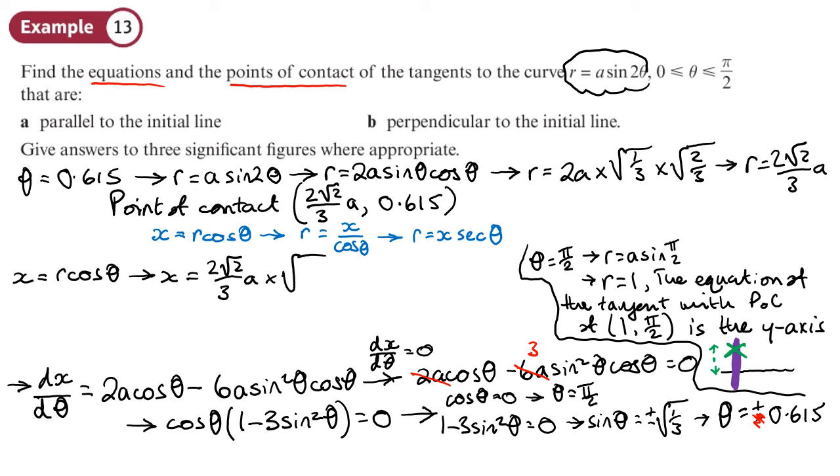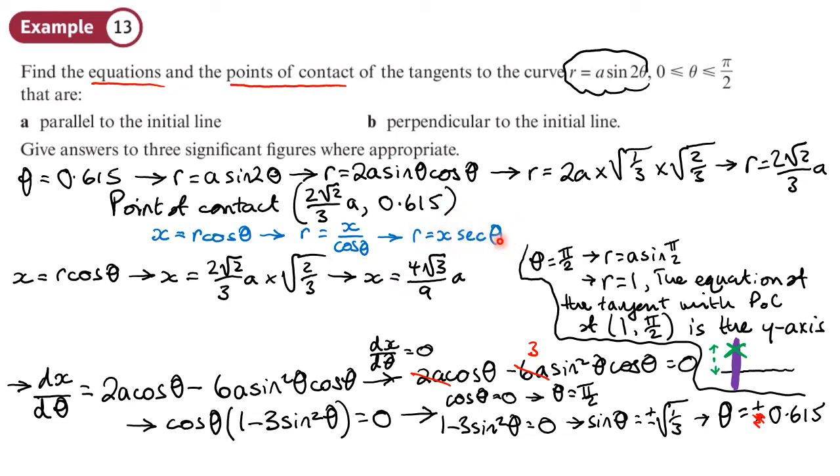So we'll use that to find the exact value of x, which is 4√3 over 9 a.